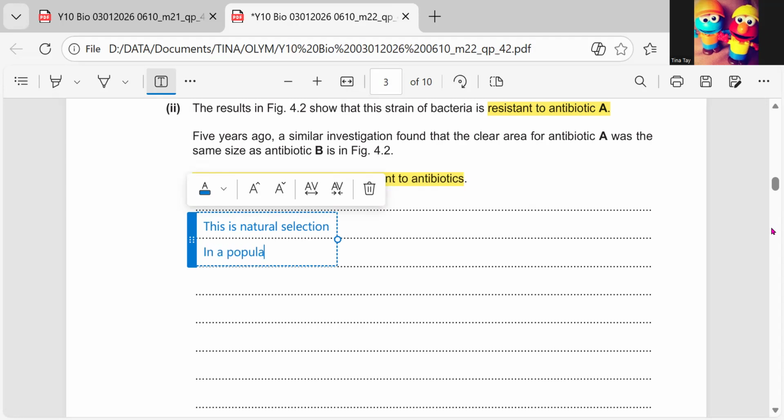In a population of bacteria, there is genetic variation.